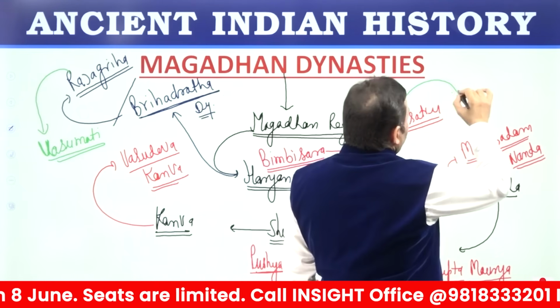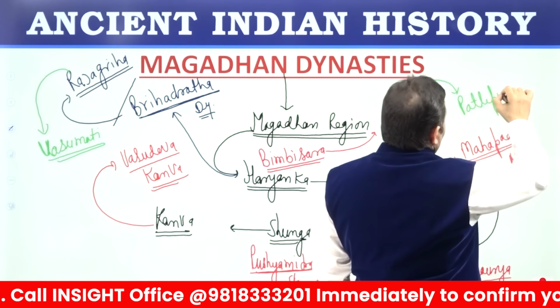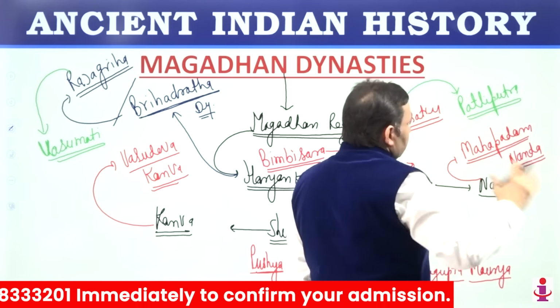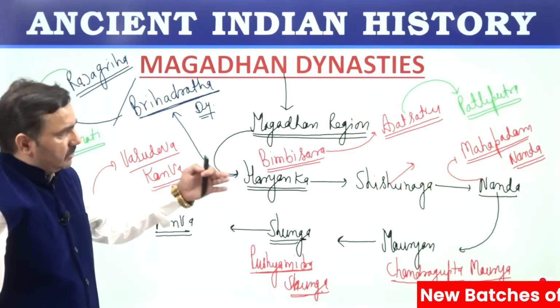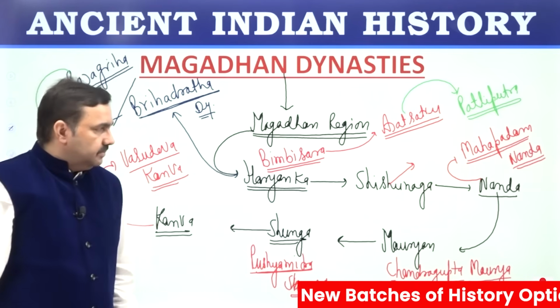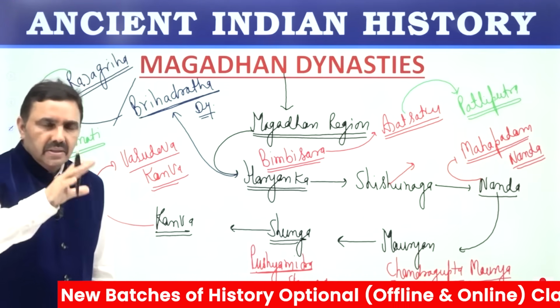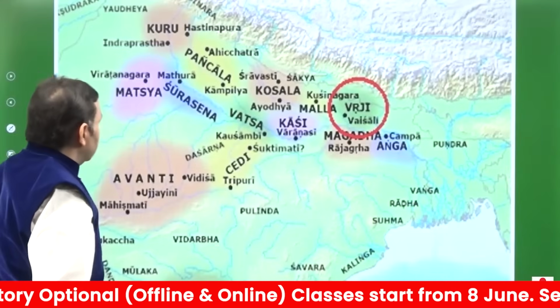Ajatashatru founded Patliputra city. And later on King Udayan of the same dynasty transferred the capital from Rajagraha to Patliputra, today's Patna. So these important details also you should remember. These are very key informations about Magadhan dynasties.